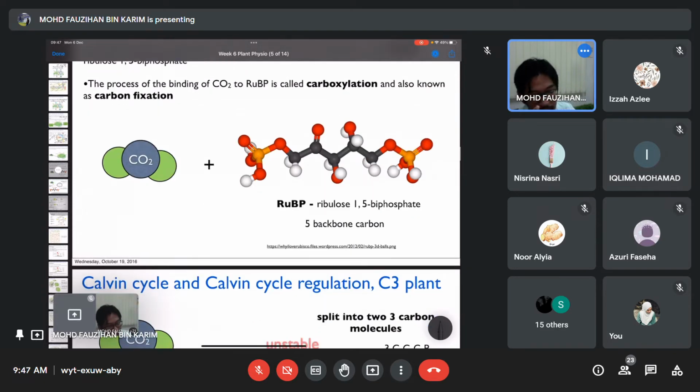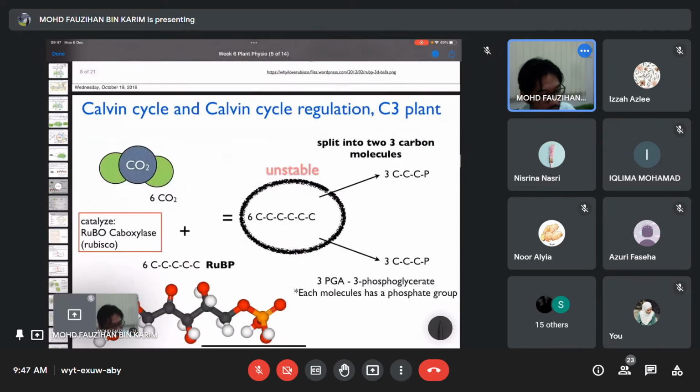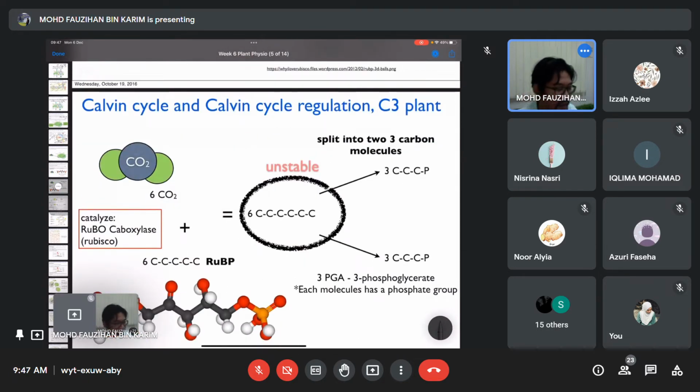So a 5 carbon backbone. And then they accept, okay, this is in general, 6 carbon dioxide plus 6 molecules of ribulose 5-phosphate. It will become 6 molecules of carbons and then broken down, right?